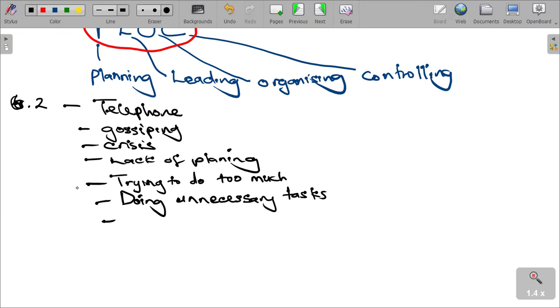Right. And also an unorganized manager. It's also a time waster.